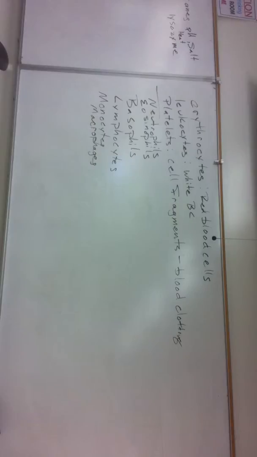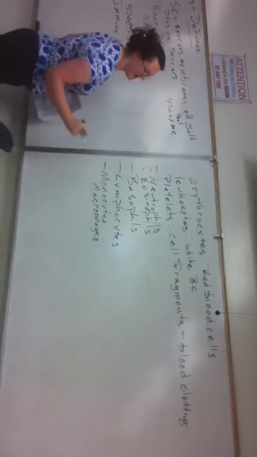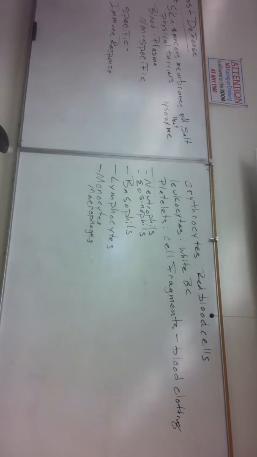So within the broad category of leukocytes, which is your white blood cells, we have these five: neutrophils, eosinophils, basophils, lymphocytes, and the monocytes, the macrophages, okay? So in general, white blood cells is our immune system. The major thing you're going to want to do is eat and destroy the bad guys.